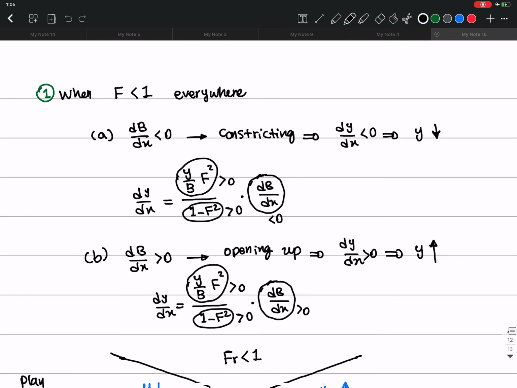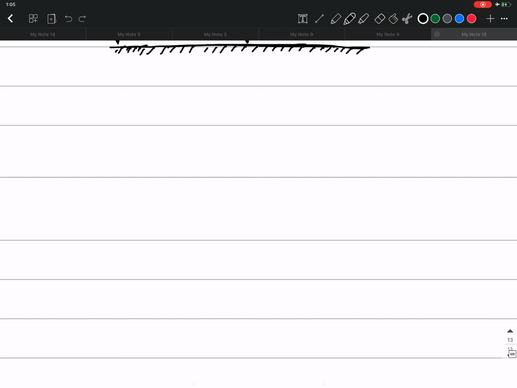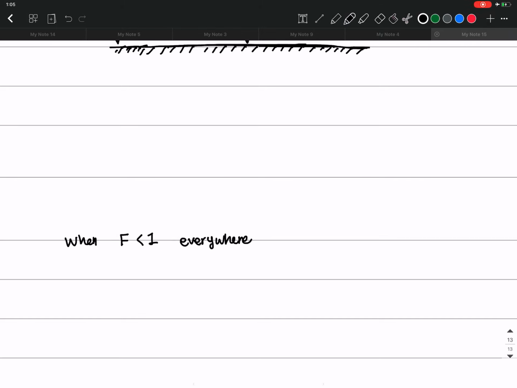Okay, so how about when we have a flow number greater than 1 everywhere? So let me write it down here. So 2, first was when flow number was smaller than 1 everywhere, and now flow number is greater than 1 everywhere.